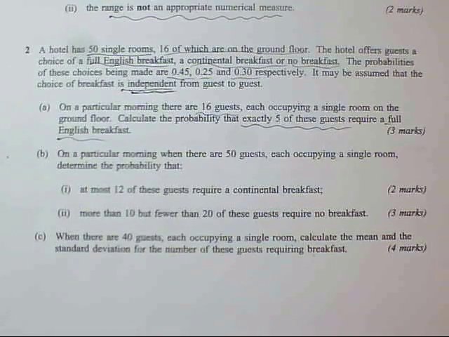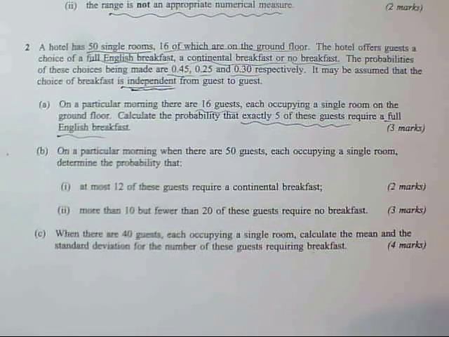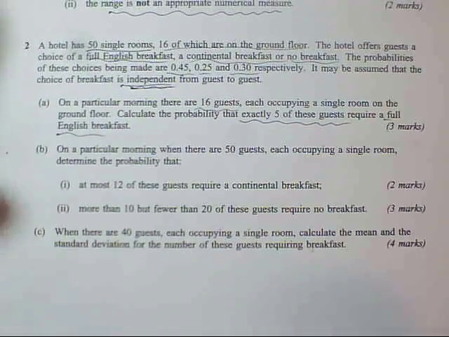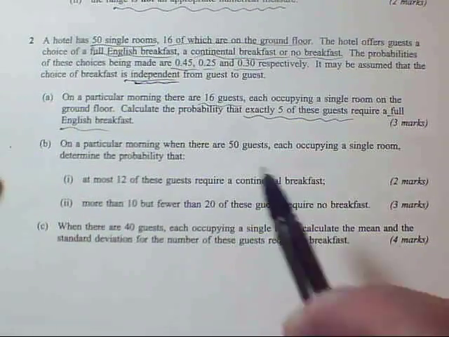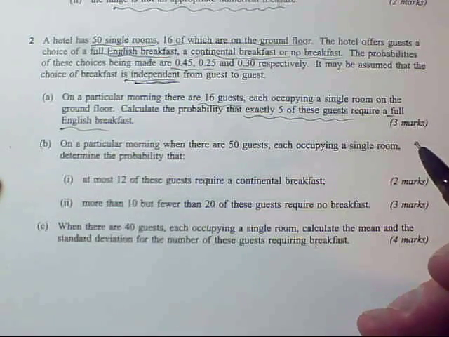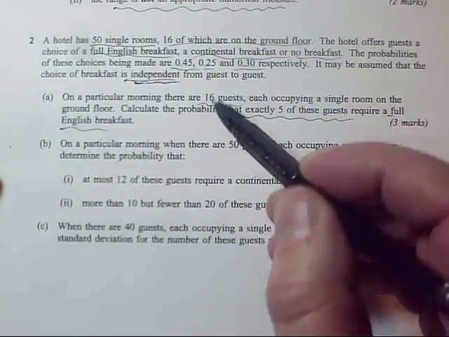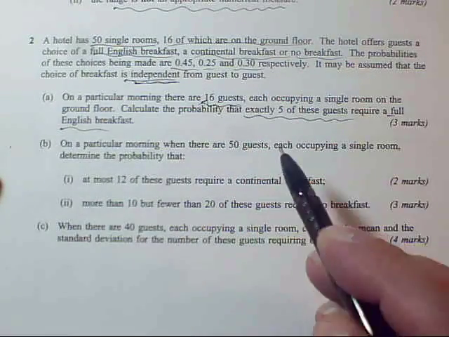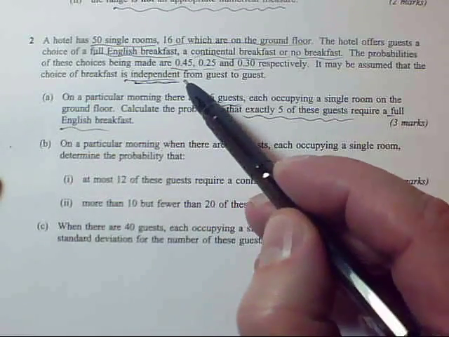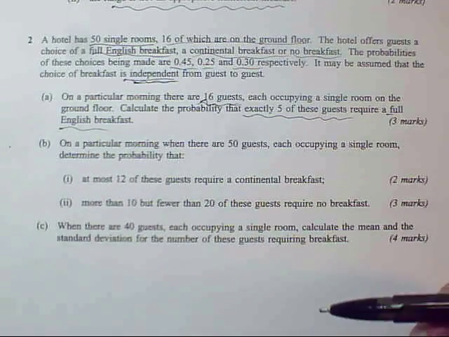We're going to be using a probability distribution here. There are only 2 probability distributions you learn about in S1. There's been no mention of a normal distribution, and we're counting the number of guests requiring a full breakfast from a fixed number of guests, and there's a particular probability of them wanting a full English breakfast, and they're independent, so it's binomial.